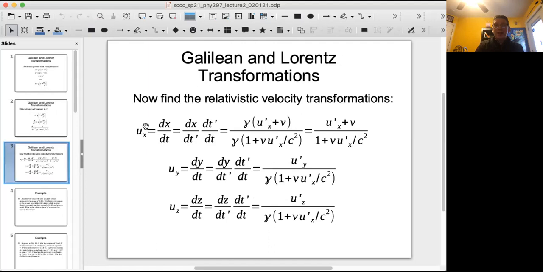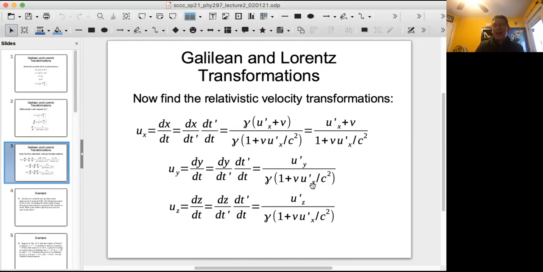So you have ux is equal to u prime x plus v divided by 1 plus v u prime x over c squared. So the gamma term factors out for ux. It does not factor out for uy and uz. You see, it's still in the denominator, but you have u prime y and u prime z in the numerators in those cases. So you have this corrective factor involved.